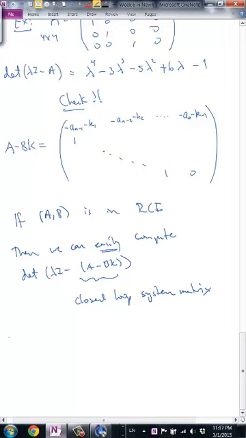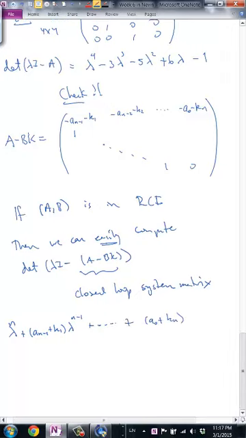So the characteristic polynomial in closed loop is lambda to the n plus, again note the sign flip, (a_{n-1} + k1) lambda to the n minus 1, all the way down to a_0 plus kn. So what do we see here?